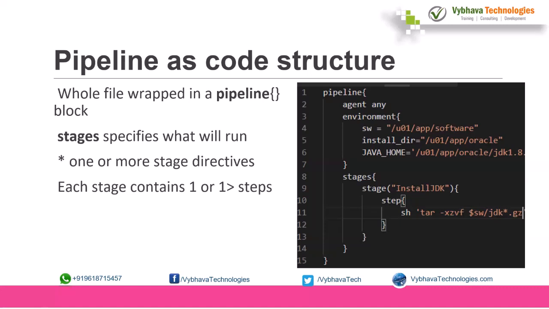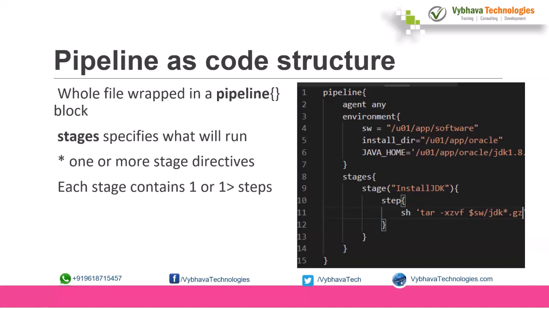in your automations. In this simple small example, you can see stages. Stages uses the stage, a number of stages. Here I'm just showing one stage, one step, but in real time we're going to have more stages and more steps. In each stage, you can have more than one step as well.